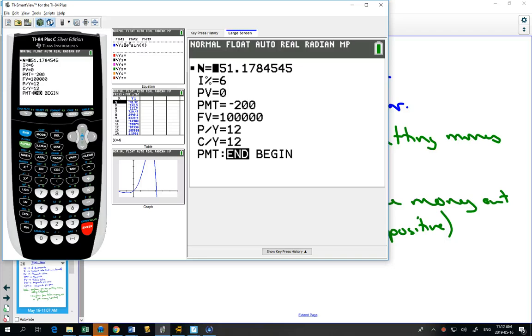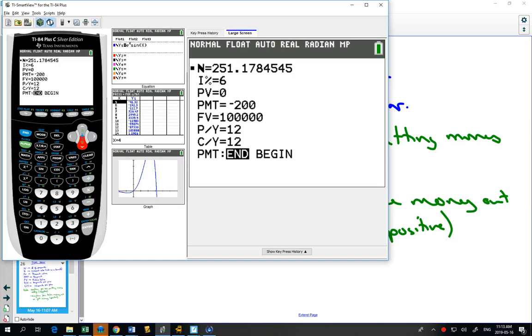And like I said, TVM stands for time value of money, and it's a common acronym for this kind of calculator that can figure this out for you. And so one of the things that's really neat about this is you can fiddle with one number and see how much of a difference it makes.